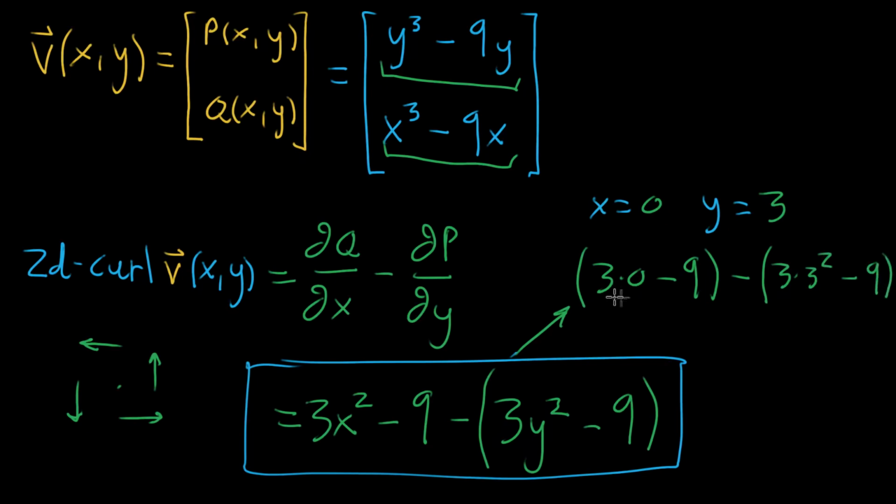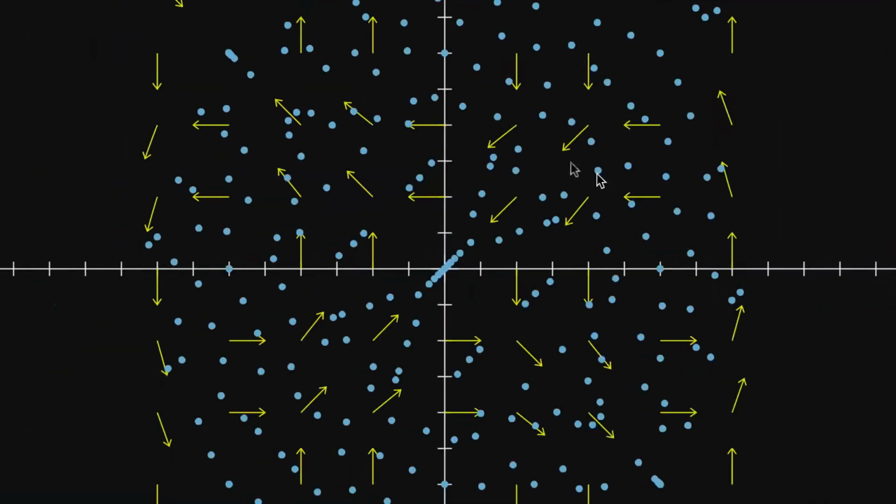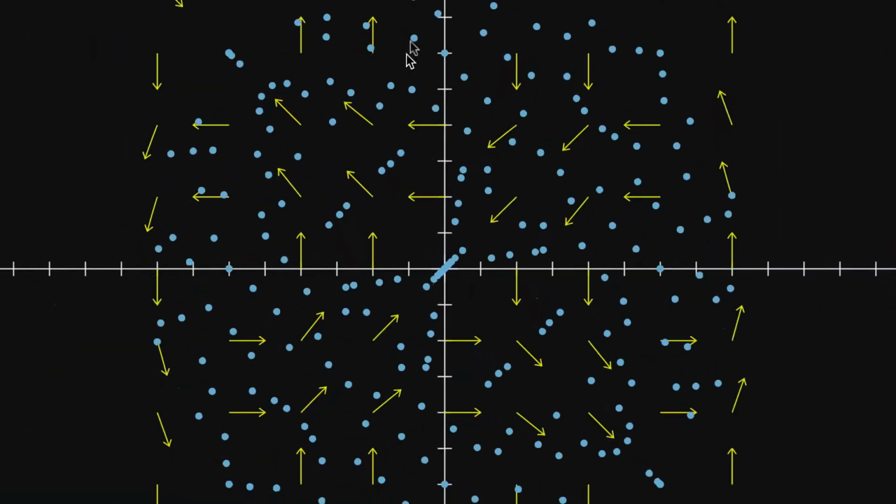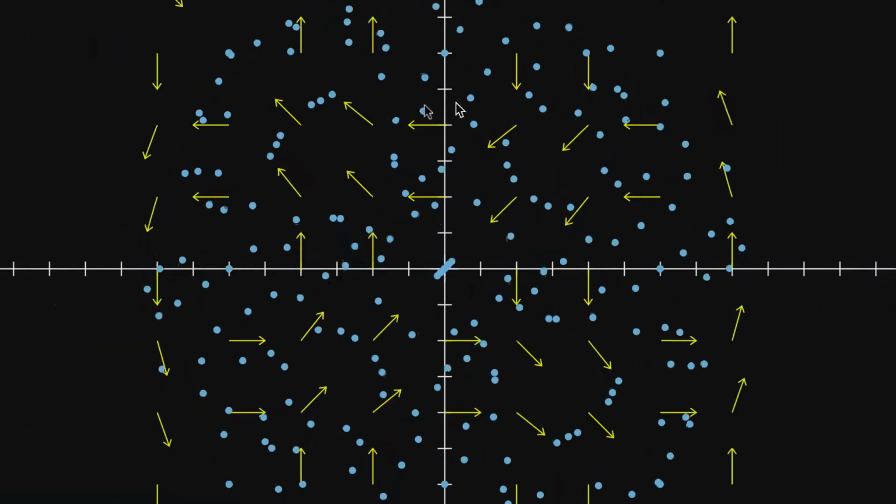This whole part is 0 minus 9, so that becomes negative 9. And over here we're subtracting off 27 minus 9, which is 18. So we're subtracting off 18. So the whole thing equals negative 27. Because this is negative, that's what corresponds to the clockwise rotation that we have going on in that region.